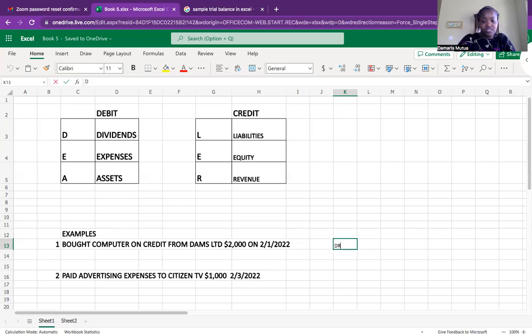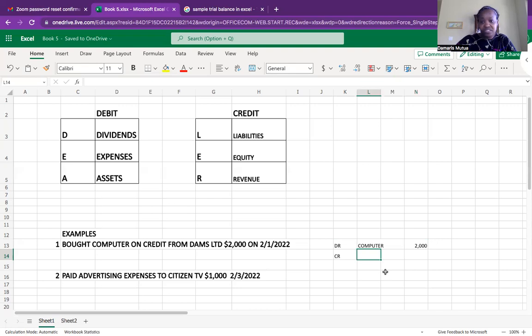We have a debit, and at the same time, we have a credit. So which account are we debiting? We have an asset account, which is computer. Computer, we debit. So our computer is going to go up by 2,000, and we are crediting.